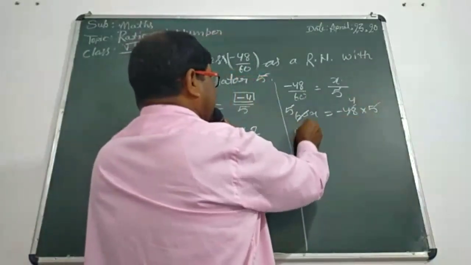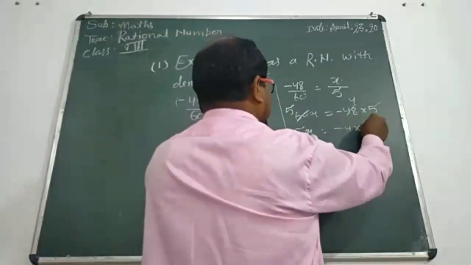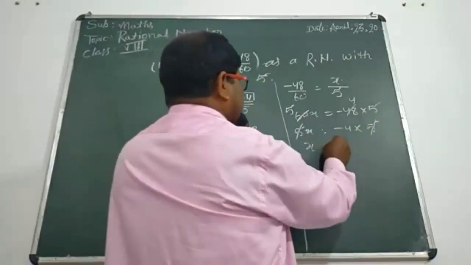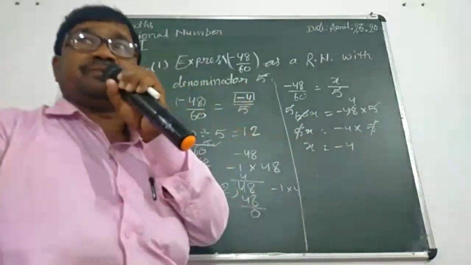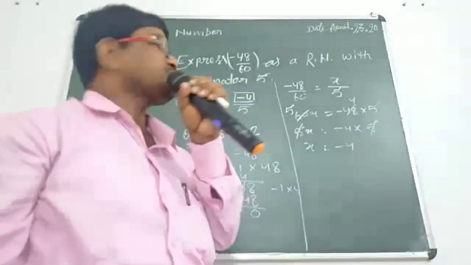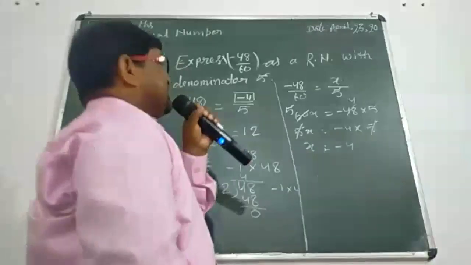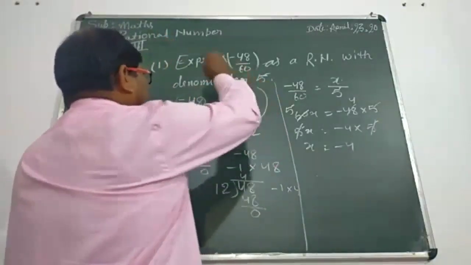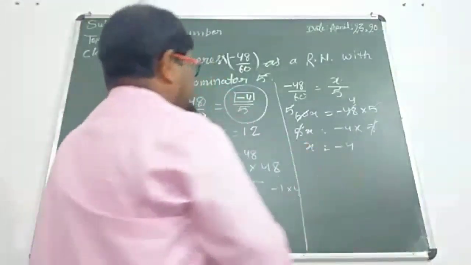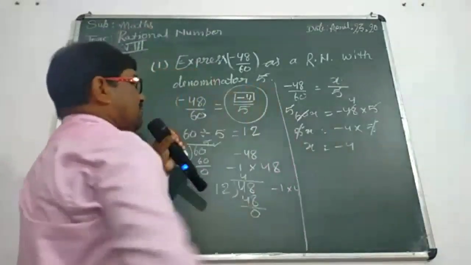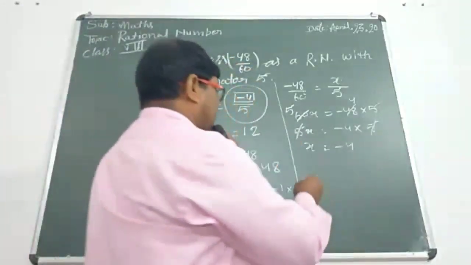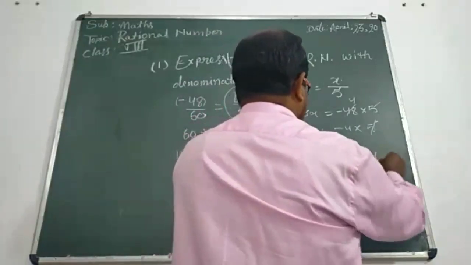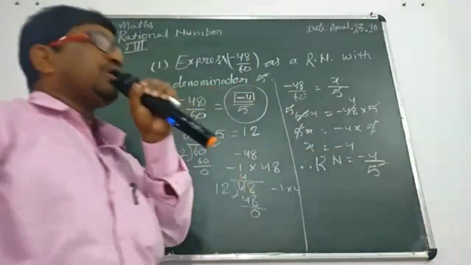Now you can write 5x equals minus 4 multiplied by 5. Five ones are 5, five ones are 5. Then x equals minus 4. Understood? What is x? X is the variable supposed by you for the equivalent rational number, because your denominator is 5, so your numerator will be minus 4. So the rational number equals minus 4 upon 5. This will be your answer.